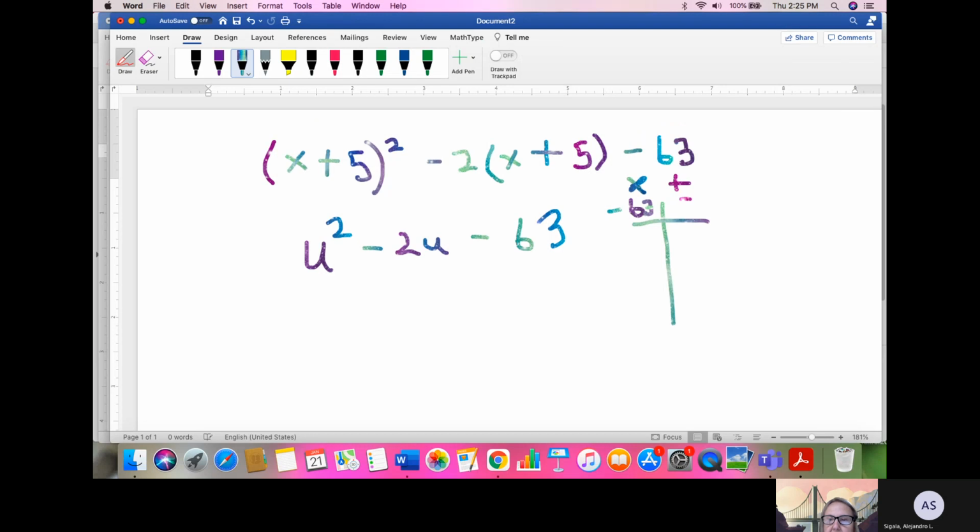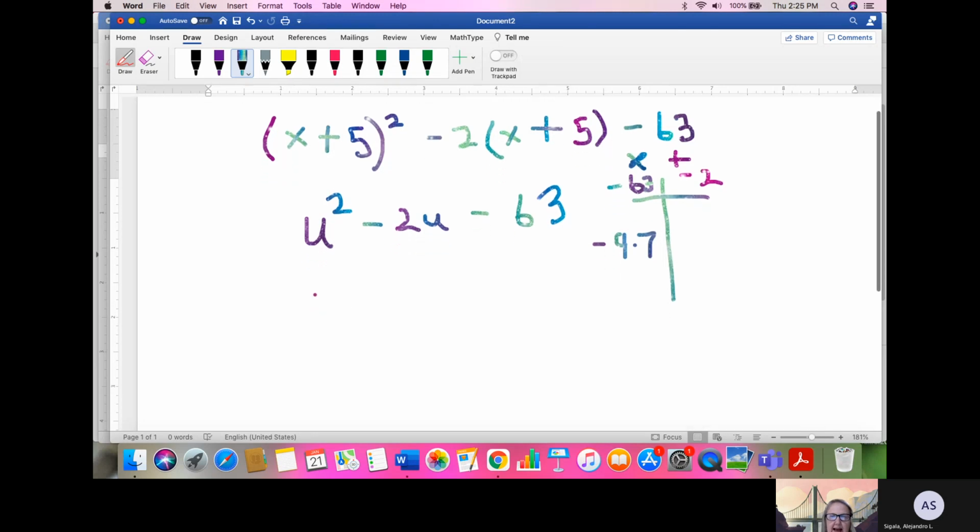negative 2. Yes. So I got negative 9 times 7. Negative 9 times 7 is negative 63, and negative 9 plus 7 is negative 2. So then this would factor like this: u minus 9, u plus 7.